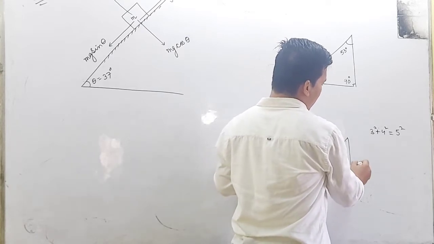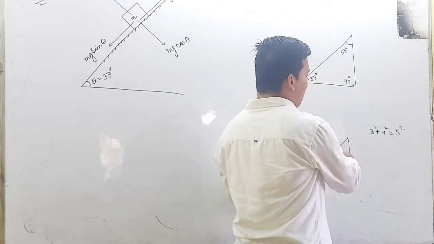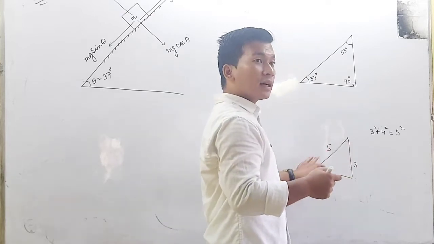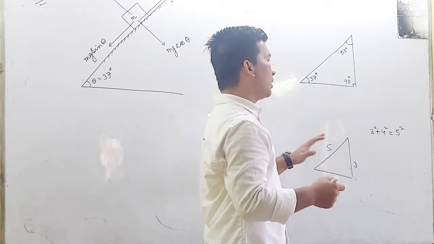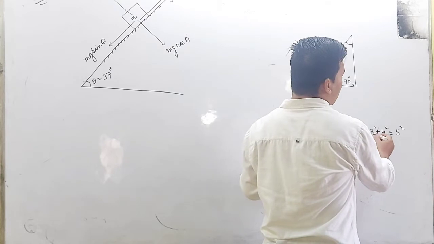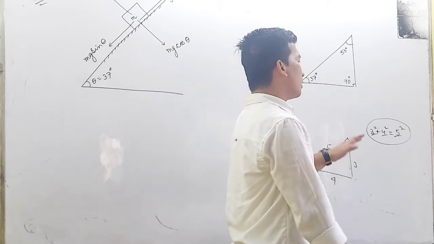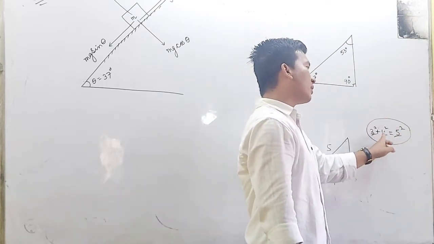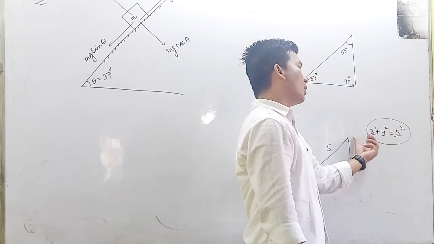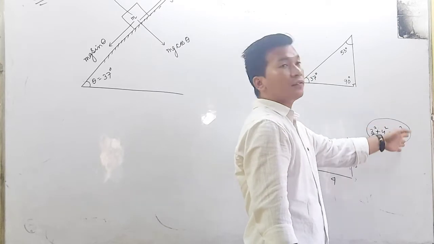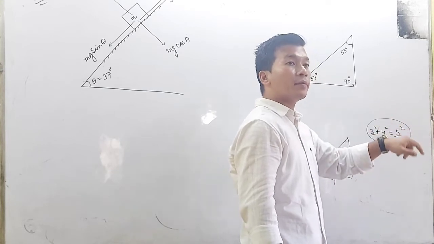If this side is 4, this is 3, and this is 5, the sum of squares of base and perpendicular gives the square of the hypotenuse. The speciality is that these are three consecutive numbers, 3, 4, 5. When we take the squares of the two smaller numbers and add them, it gives the square of the greatest number.